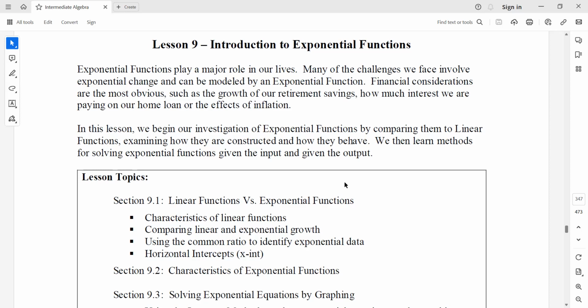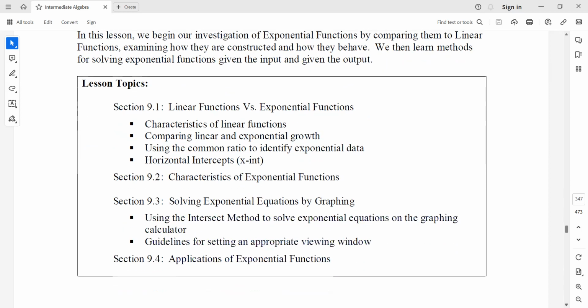And as we go through these problems, you're going to understand that exponential functions are much closer to us than you have imagined. So, these are the four sections we're going to be looking at.